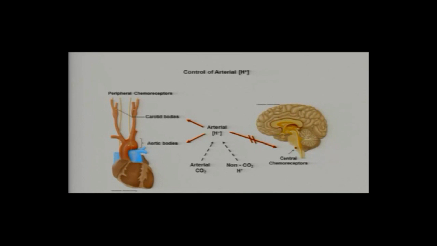So if non-CO2-derived acid is normal, and you're just getting a rise in CO2, a rise in CO2 is going to trigger the central chemoreceptors before it causes enough of a pH change to trigger the peripheral. A rise in PCO2 in the blood is going to trigger the central chemoreceptors before it changes arterial pH enough to trigger the peripheral.